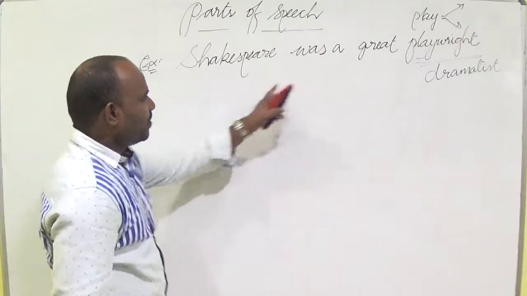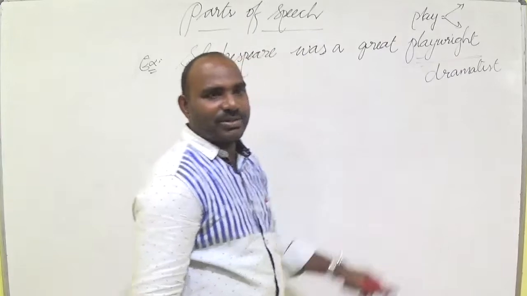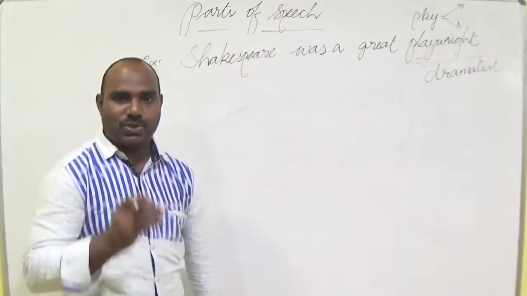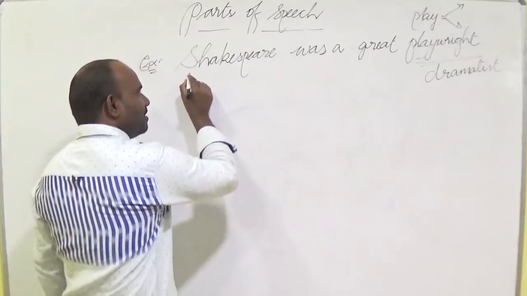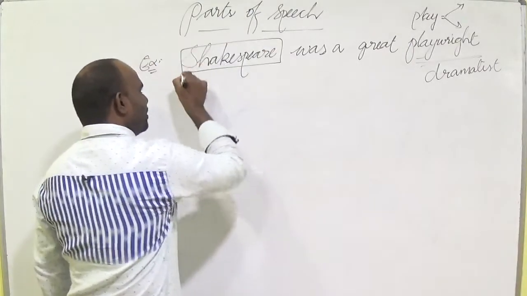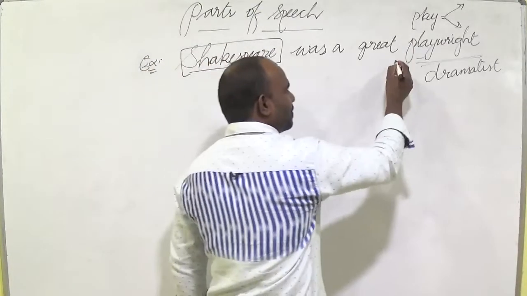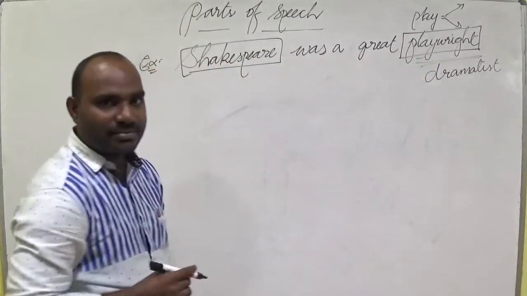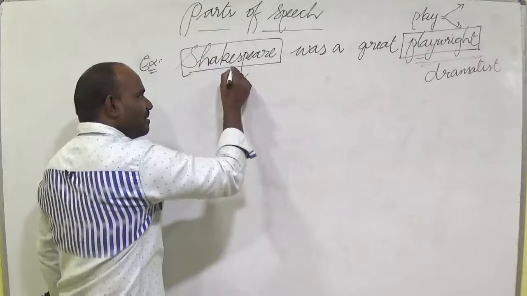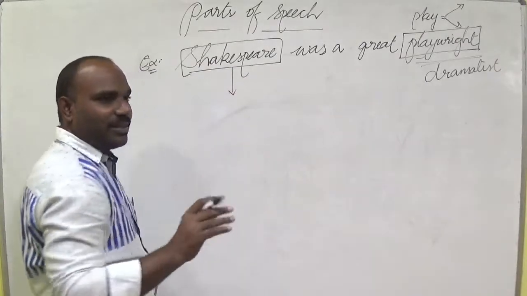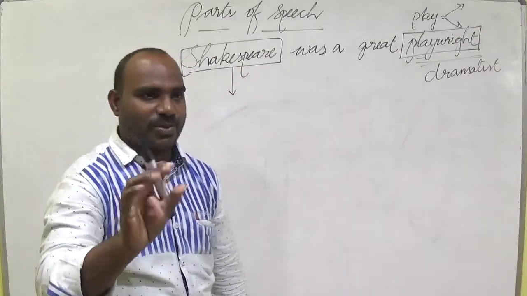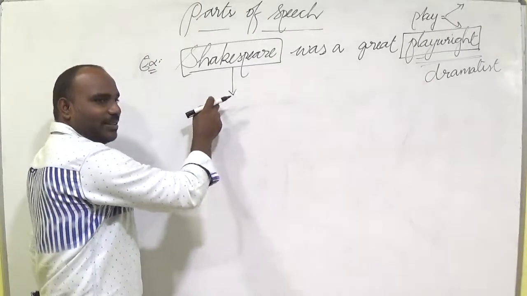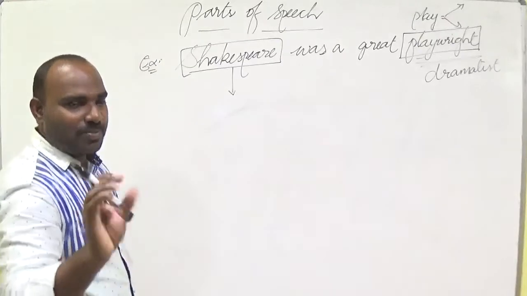Shakespeare was a great playwright or dramatist. In this sentence, we have two nouns, two names. Shakespeare is one name, and playwright is another. Shakespeare is a specific name of an English writer, a particular name of a person.